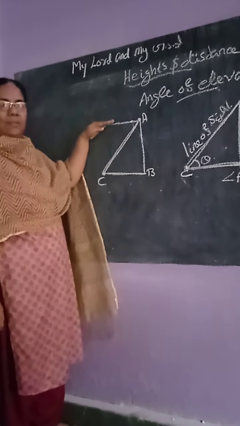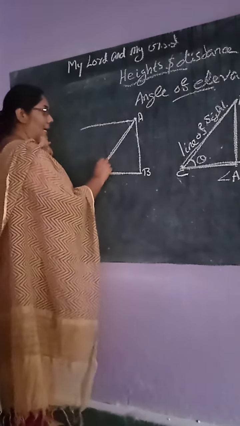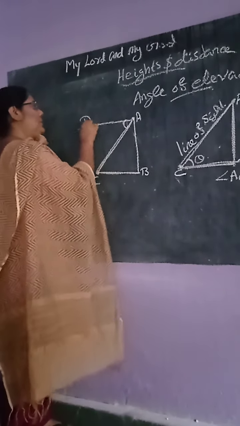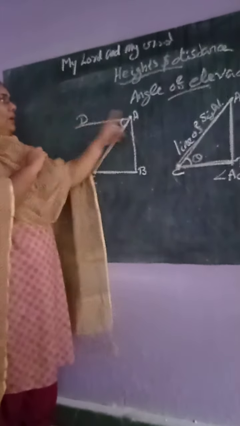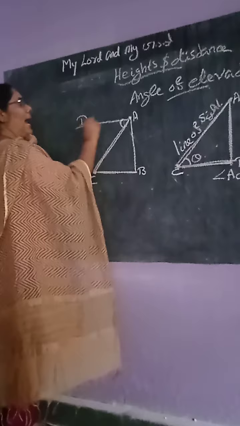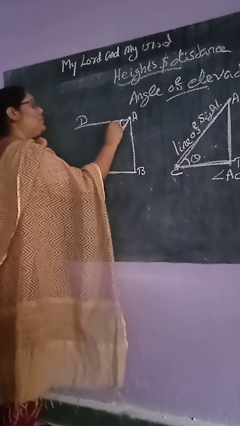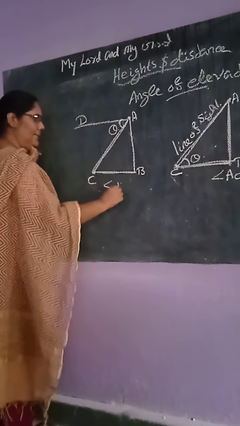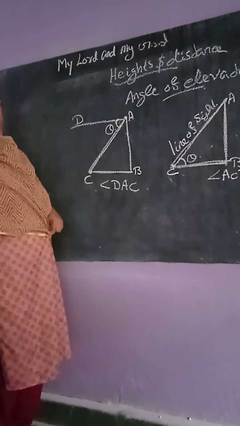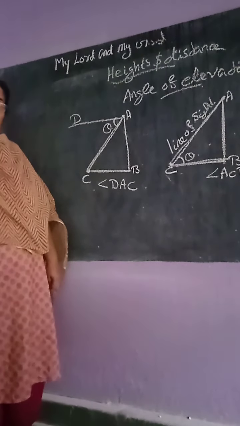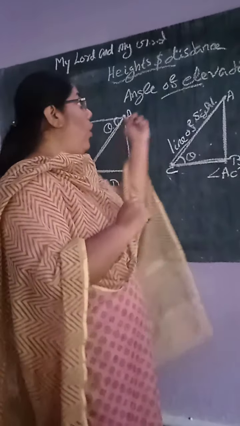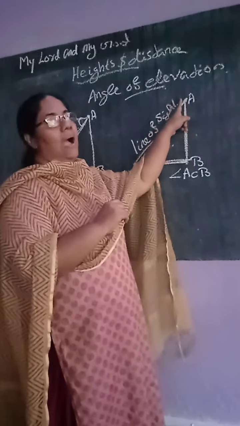Parallel to the ground. Therefore, the line of sight and horizontal make an angle here. Suppose this is D. DA is the horizontal and CA is the line of sight. Then this angle DAC is known as angle of depression.